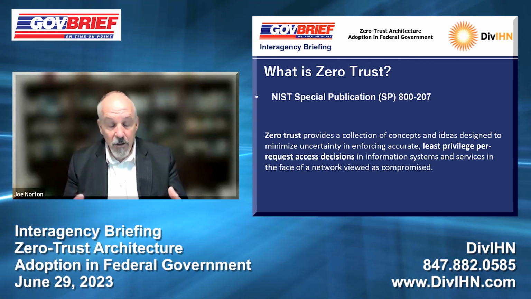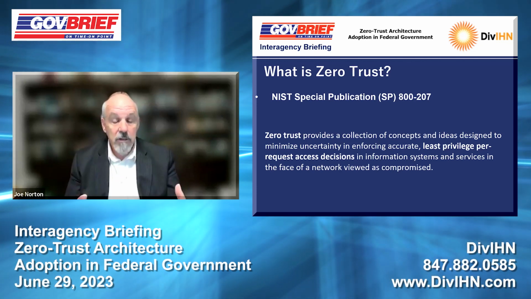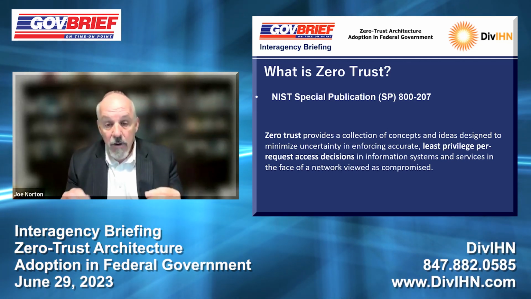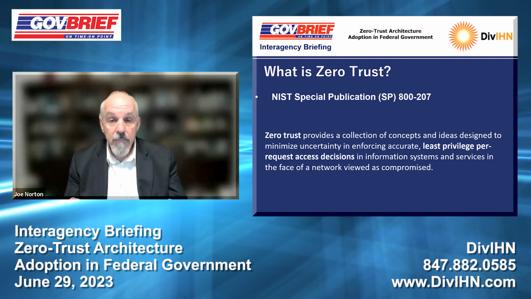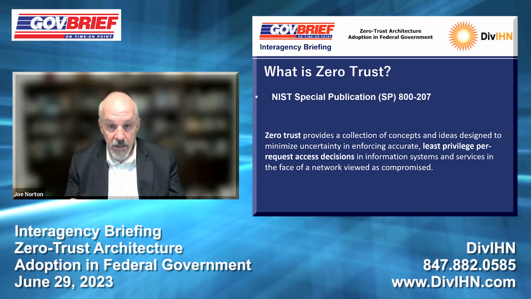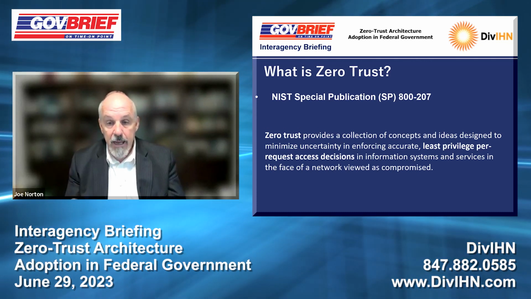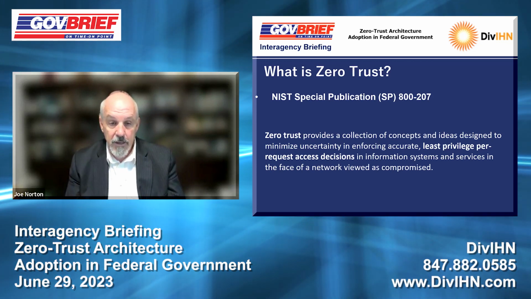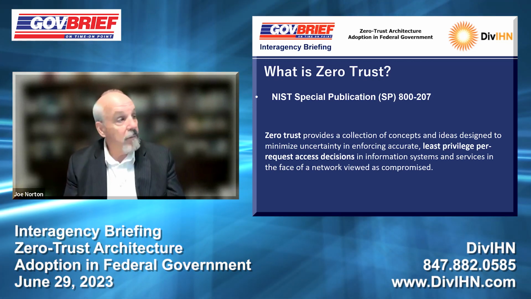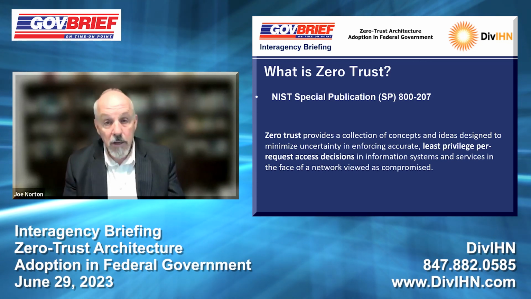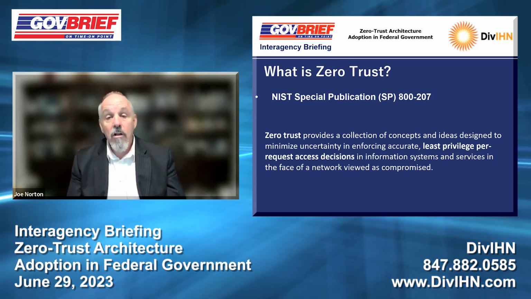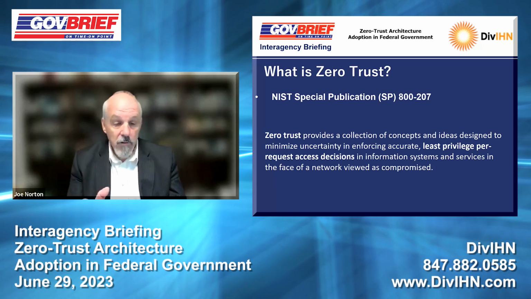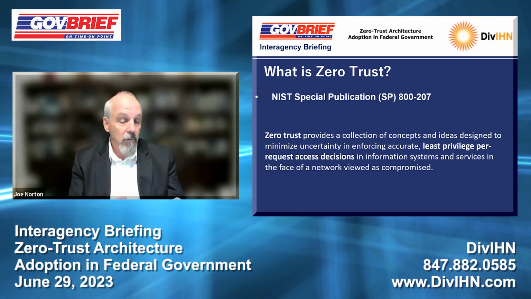Zero trust. Now, we talk about zero trust architecture, zero trust implementations. It's about identities, and it's about managing your identities and granting access on a least privilege per request. And this is the very important part about it, because it means you don't log in and stay logged in all day long anymore. If you want to log in, you grant an authorized request to log into your network.